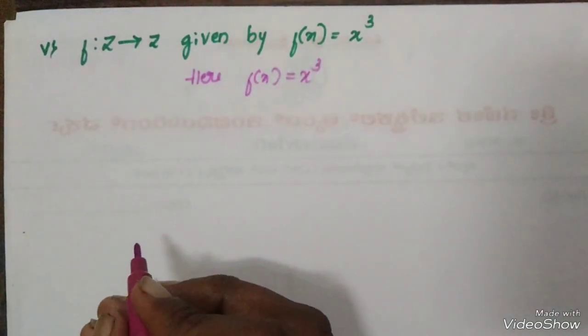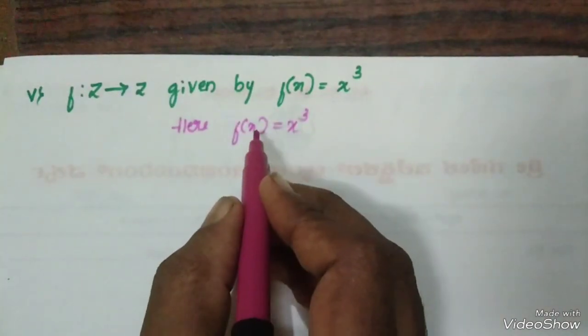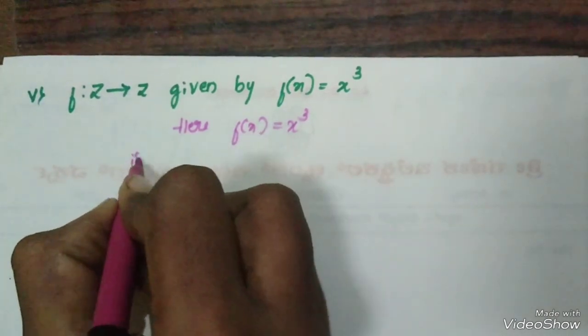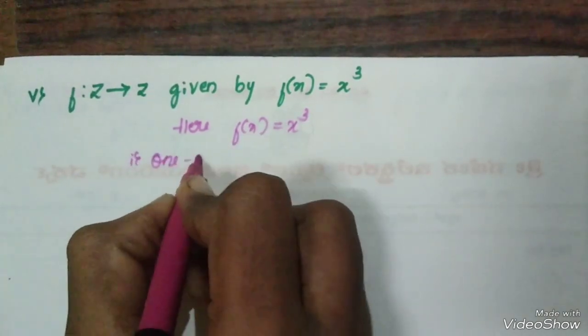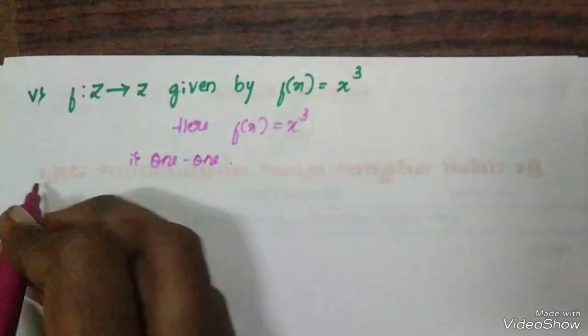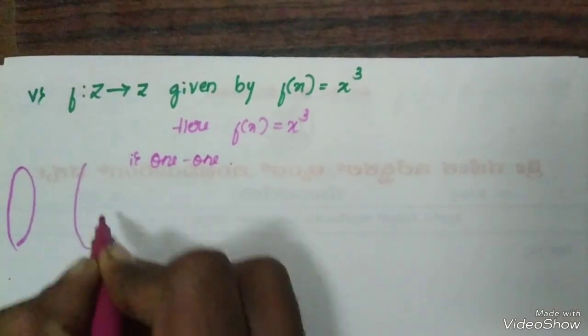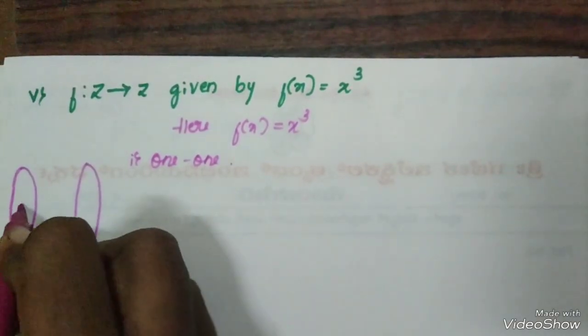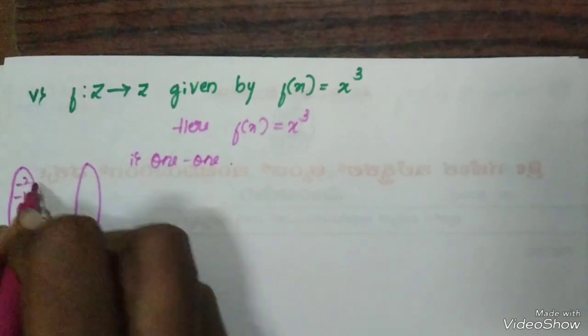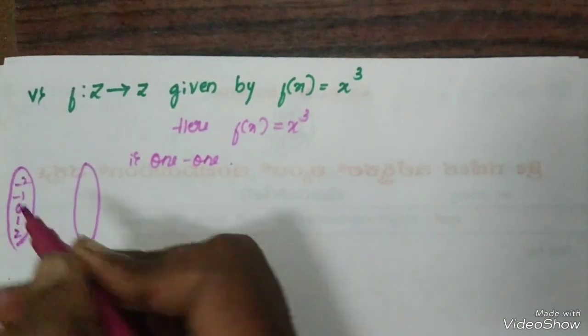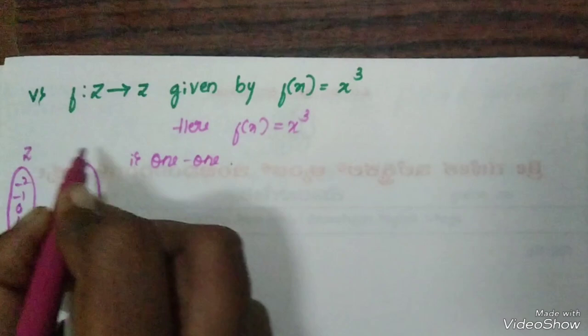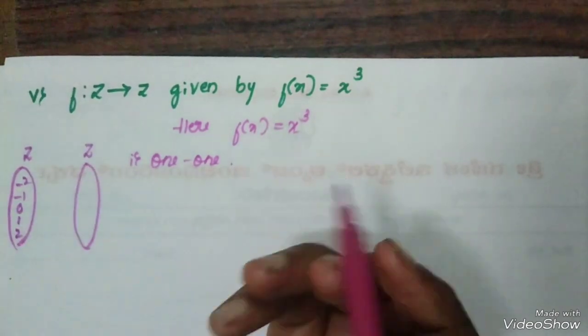Okay, now solve for the one-one function. Here integers contain positive and negative values: 0, minus 1, minus 2, plus 1, plus 2. This is also an integer, this is also an integer.